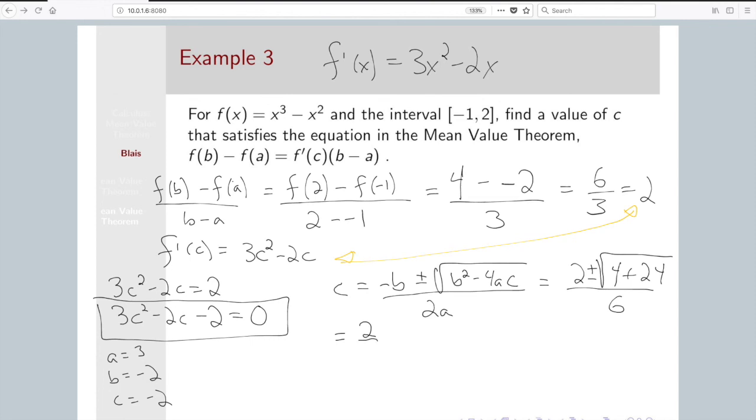So we have 2 over 6 plus or minus root 28 over 6. Or 1/3 plus or minus, 28 is 7 times 4, so the 4 comes out as a 2. So this is 1/3 plus or minus root 7 over 3.